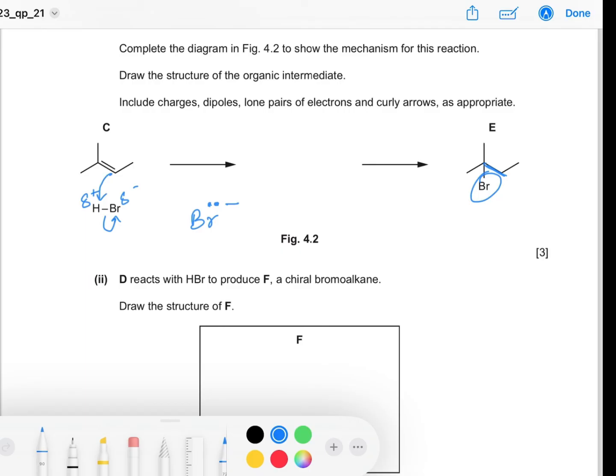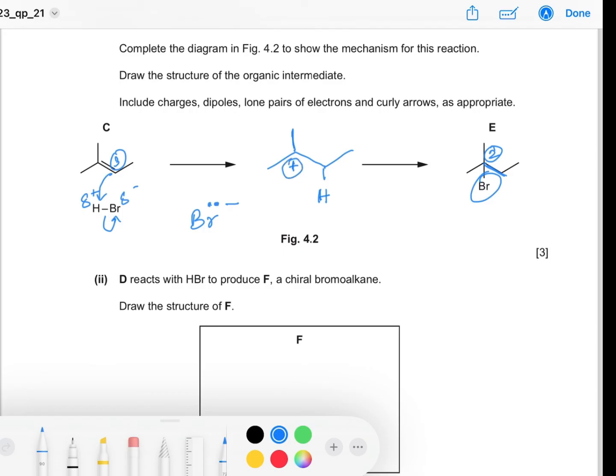Now, as you can see in the product, the bromine bonds to the second carbon atom, which means hydrogen must bond to the third carbon atom in molecule C, right? So when the double bond breaks down and a hydrogen receives an electron from this double bond, the other carbon atom which was involved in the double bond will lose an electron, and so it will gain a positive charge.